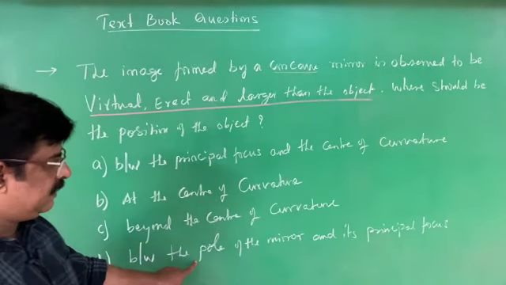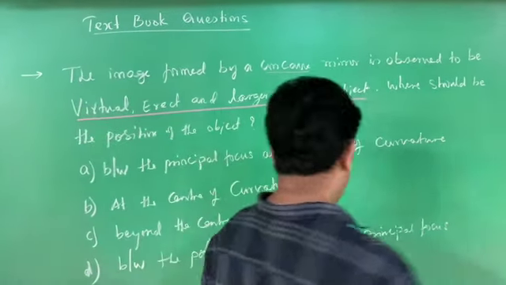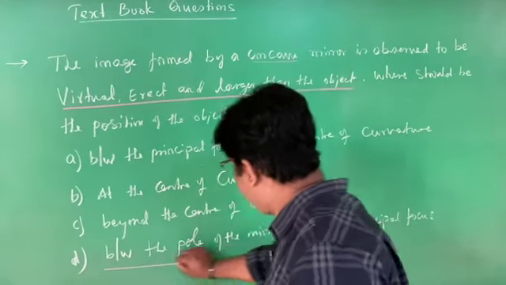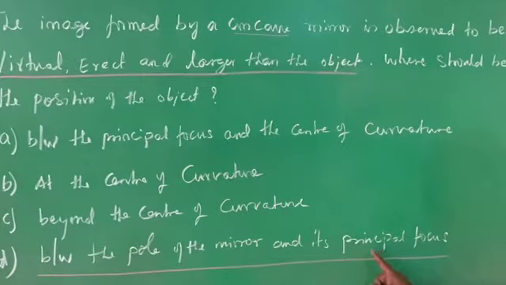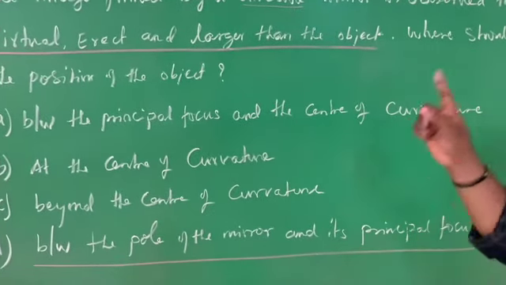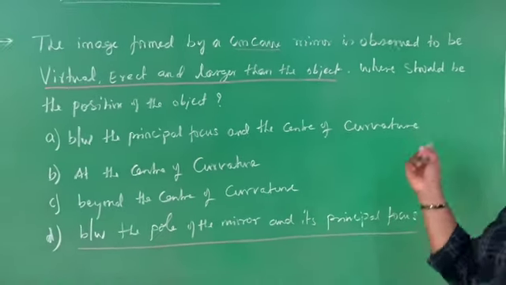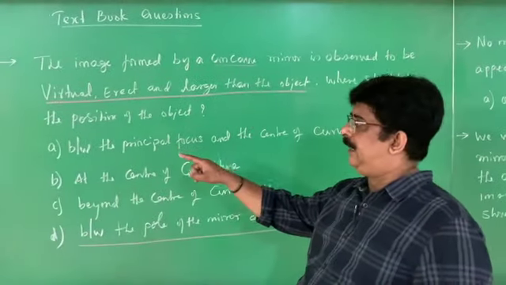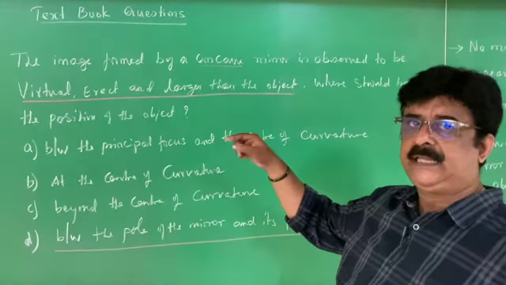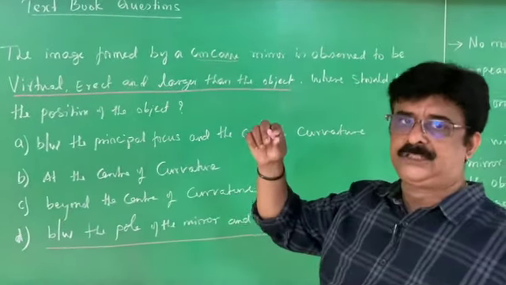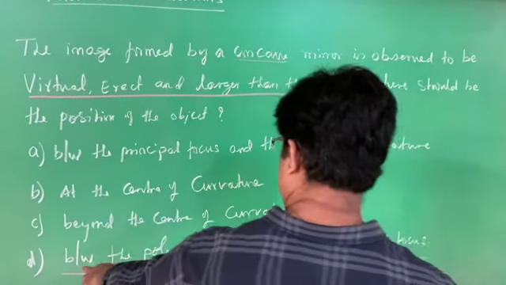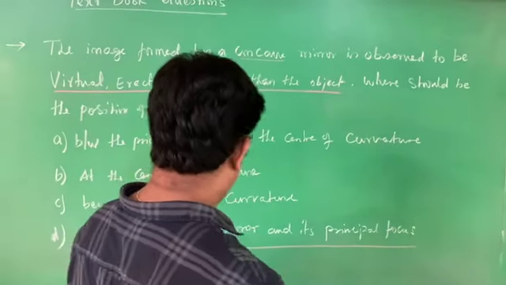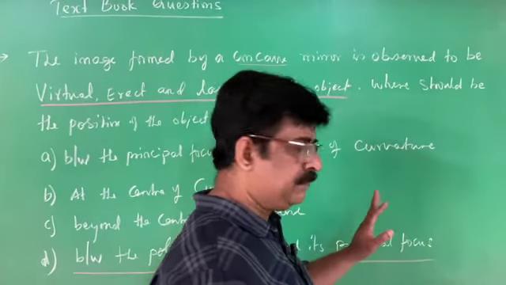Between the pole of the mirror and the principal focus, therefore the right answer is D. When we keep the object between pole of the mirror and the principal focus, we get the image behind the mirror. Therefore it is a virtual image. Virtual images are always erect images and enlarged images. Therefore the first multiple choice answer is D, between pole of the mirror and the principal focus.